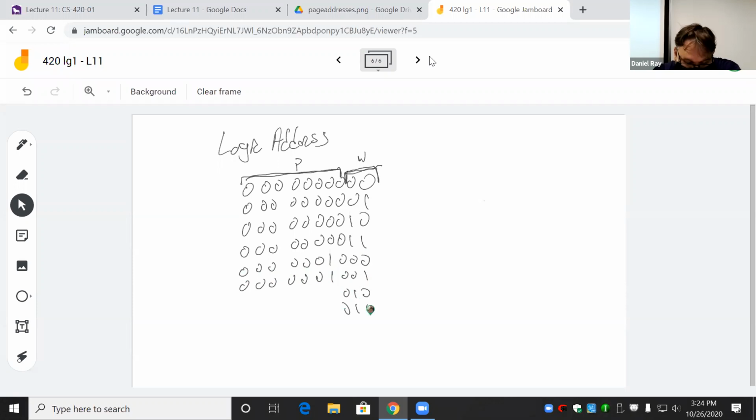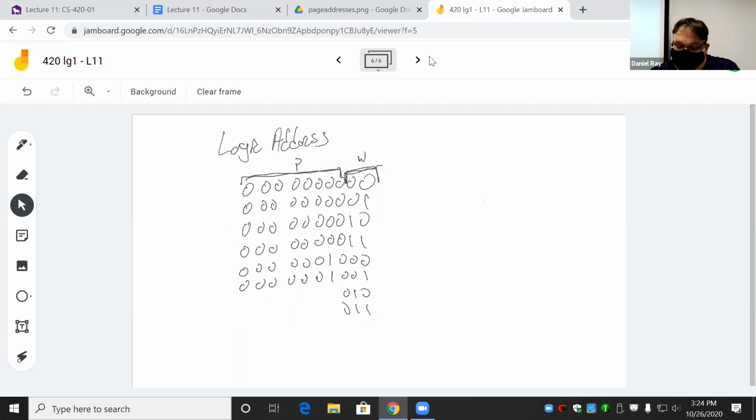And again, I'm talking about this being the 2 bits that make up the 4 words in the page. So every 4 words gets us a different page number, right?